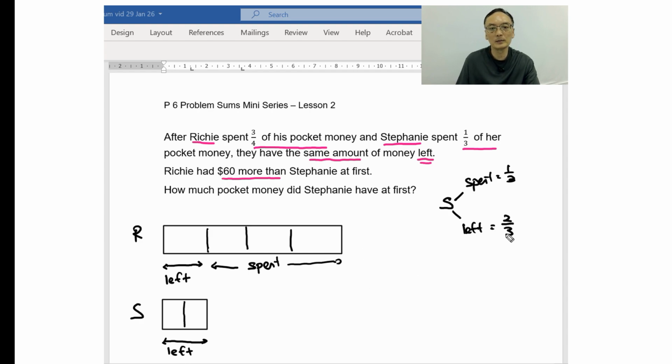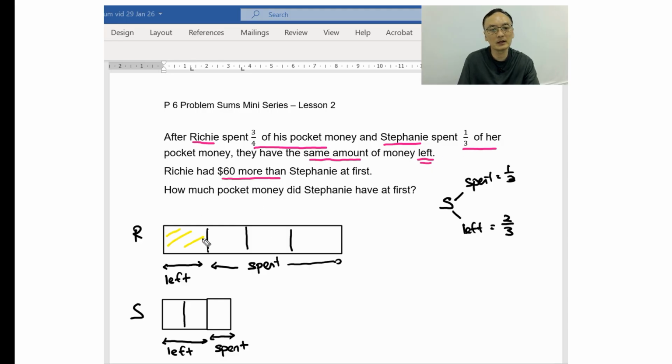Based on the denominator, we know that she has 3 units. So we're going to draw the extra unit over here. And this will be the amount of money she spent. So our model is complete. So this piece of information is important.